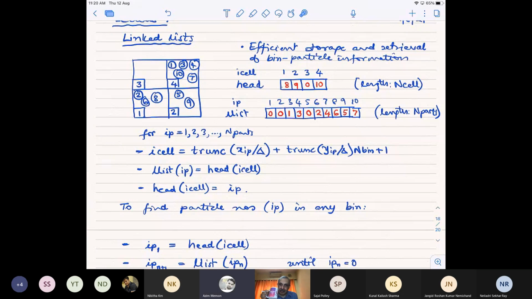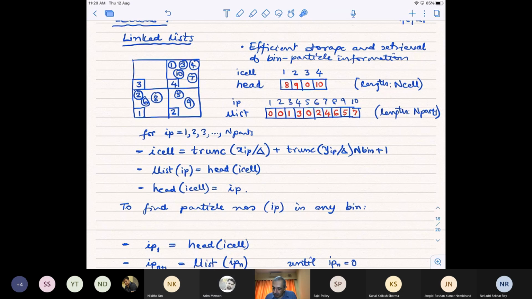It's 9, sir. 9, correct? And then if you want to find out the next one, then you go to L list of 9. It's 5. So you go 9 and 5, that's it. Similarly, if you want to look at 3, well, it's 0, so finish. There are no particles there, so straight off.